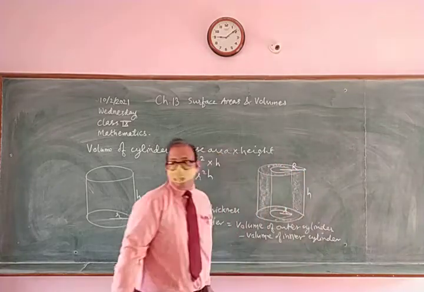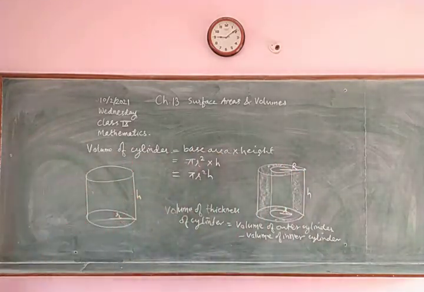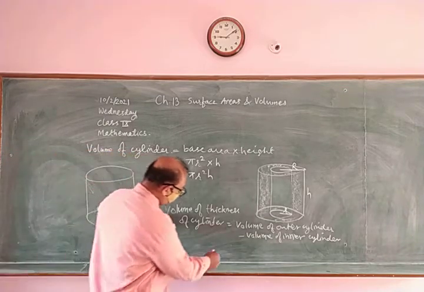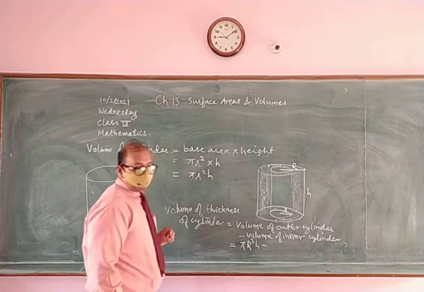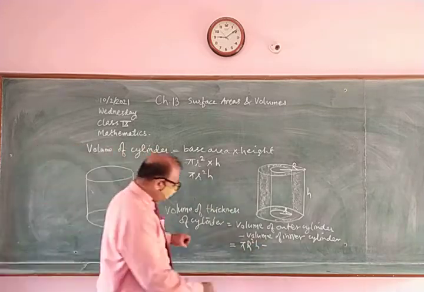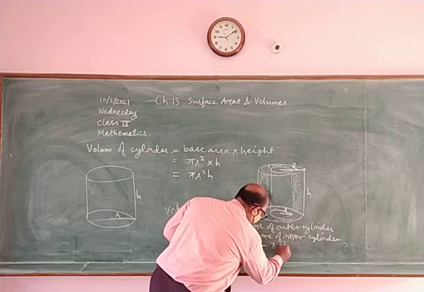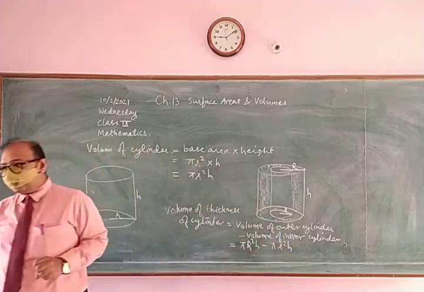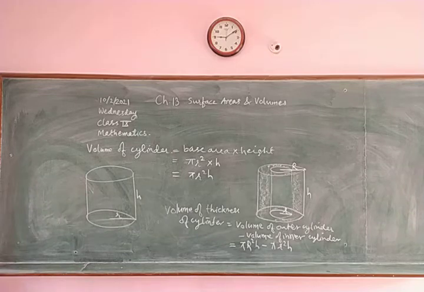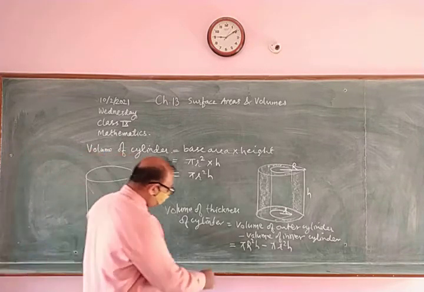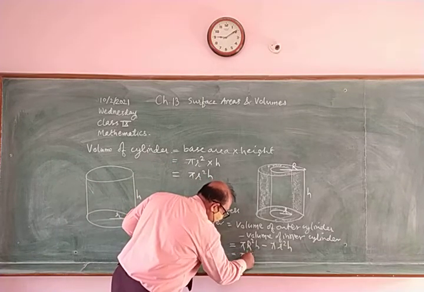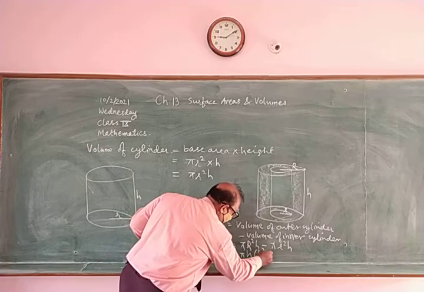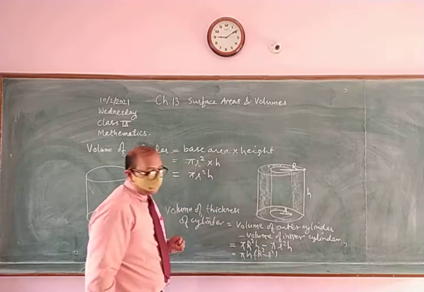Volume of outer cylinder is pi capital R square H, minus volume of inner cylinder pi small r square H, which is equal to pi H common, capital R square minus small r square.